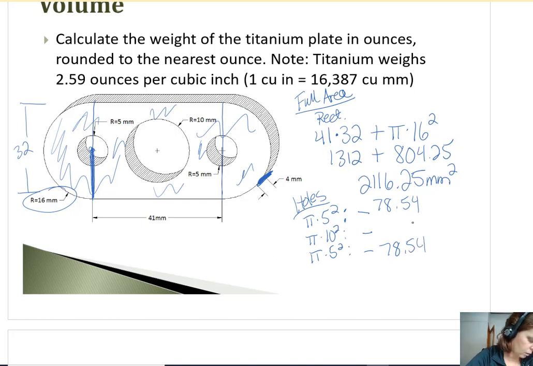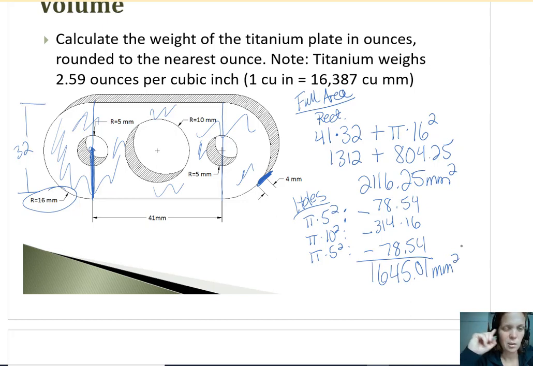And the pi times 10 squared is 314.16. So 2116.25, subtract the 78.54 twice and the 314.16, and we're at about 1,645.01 millimeters squared. Okay, so that's the top now with the circles taken out.